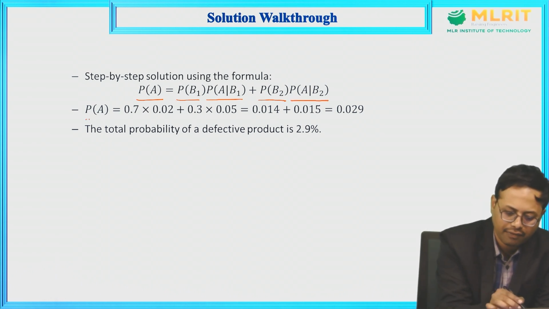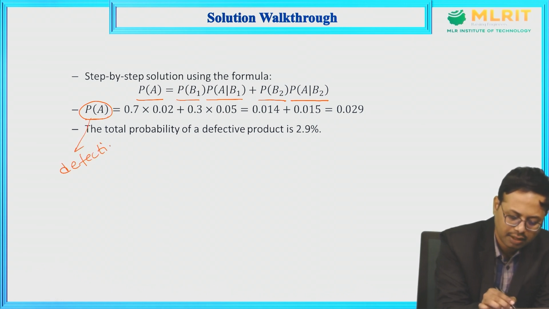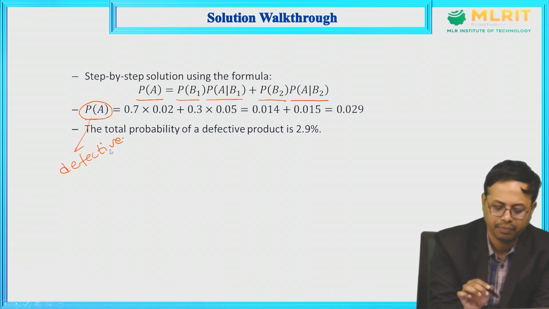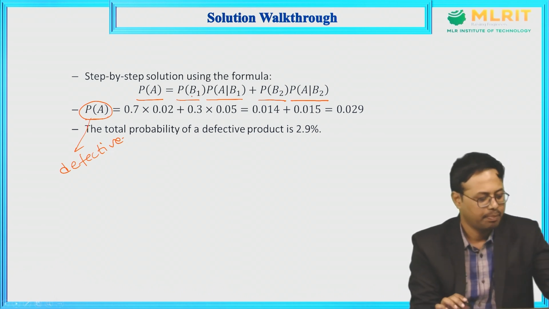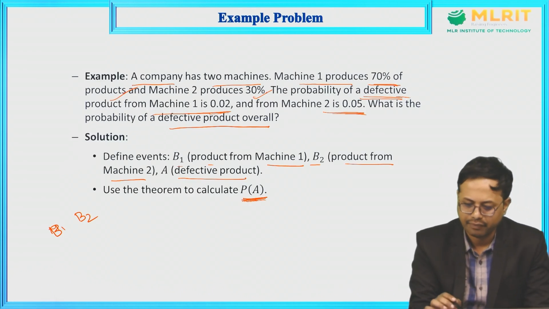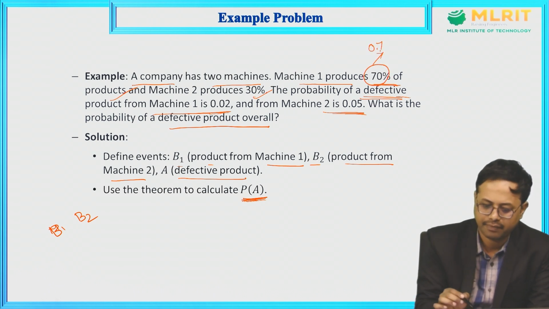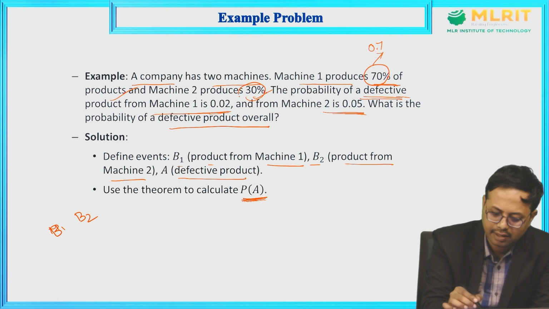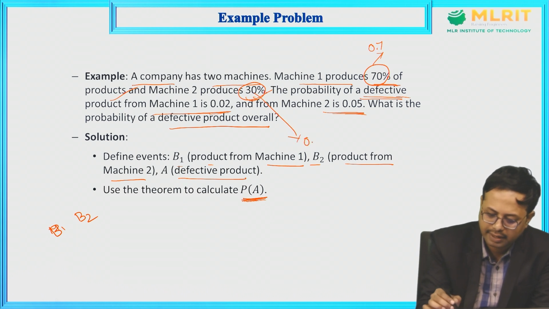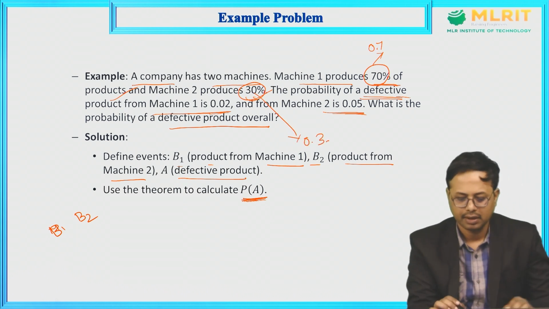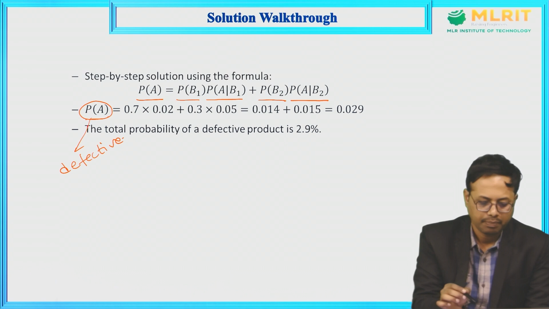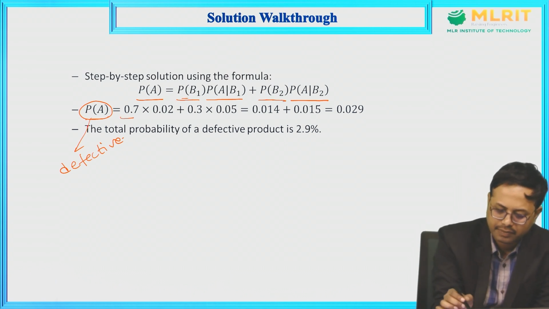Here P of A is the defective part in both the machines. So what is the total defective? What is P of B1 as given? Taking in terms of values, P of B1 is 0.7, and P of B2 is 0.3.